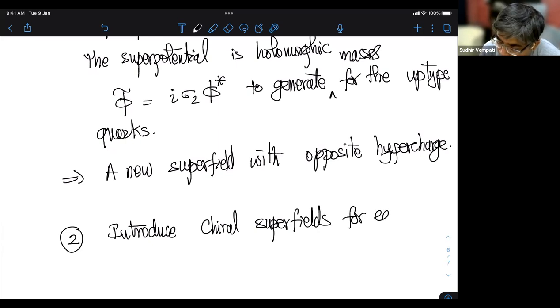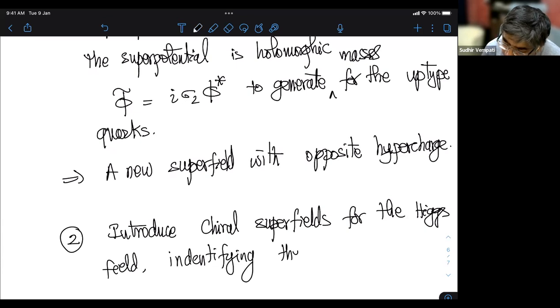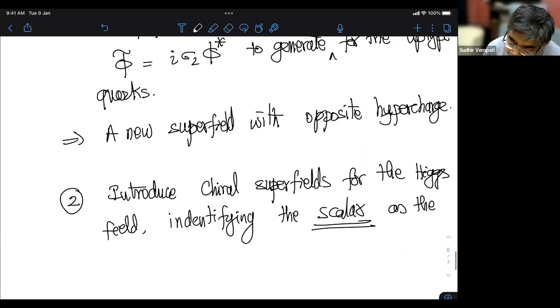Let's just say there is only one Higgs field. The field identifies the scalar as the standard model particle.